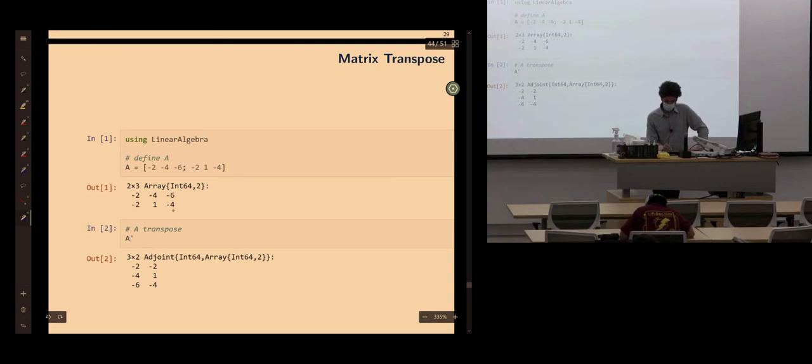So I define A. A is a 2 by 3 matrix. I make the transpose of it, and I'm getting a 3 by 2. So I get 2, minus 2, minus 4, minus 6 in this column. And I have minus 2, 1, minus 4, and I get it in the second column. So that's the role of a transpose. We will use it extensively in the future.